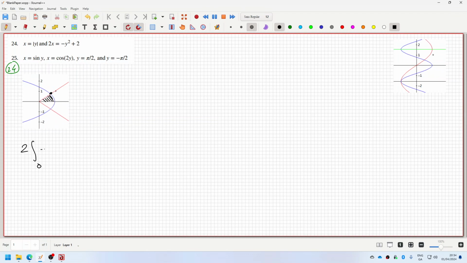The quadratic minus y. No, I don't think that's right. Check again.